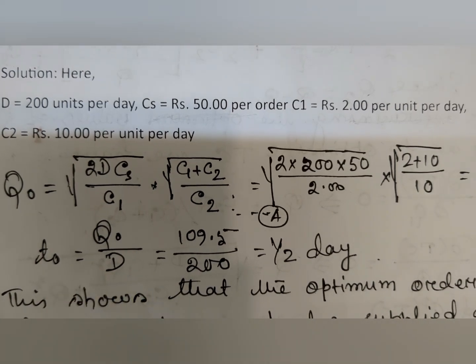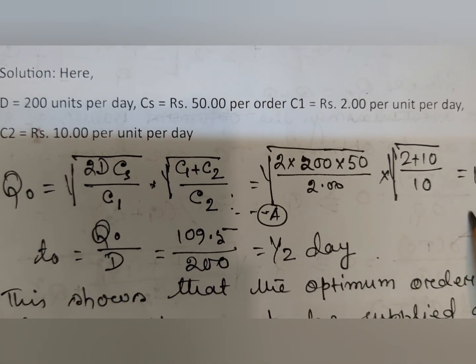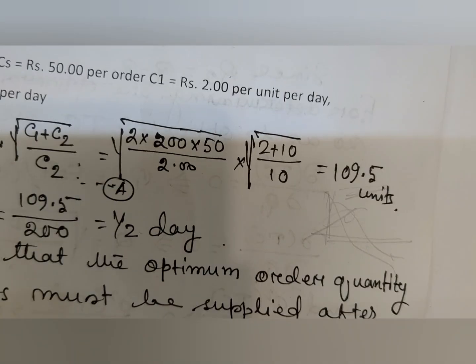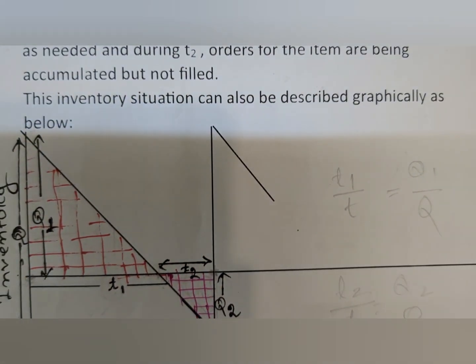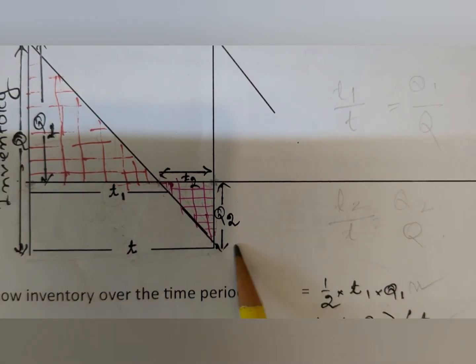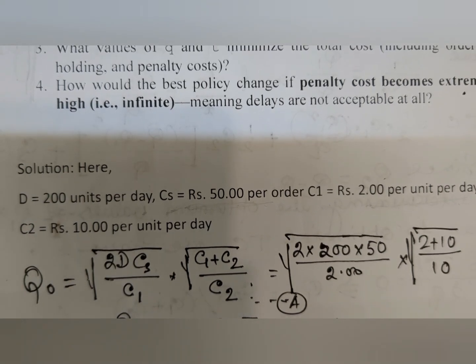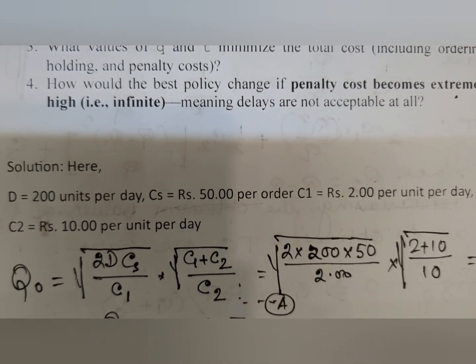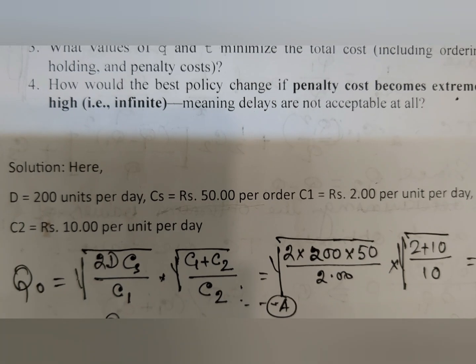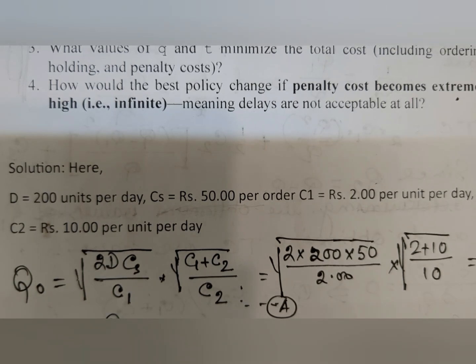ये बार साइकिल, ये जो cycle था, time period, total time period, एक cycle का T, what will be the value of T. तो T is Q0 by D. Q0 का value ये already निकल गया, and D is this, that is half day. सर ये कैसे आया, you can do it separately also. पहले number of orders निकालोगे, you do it yourself, मैं नहीं दिखा रहा हूँ. और number of orders कितना हो जाएगा, D by Q0, और एक साल की बात है, total time period निकालने के लिए साल का, तो 1 divided by D/Q0, तो Q0 by D हो जाएगा.